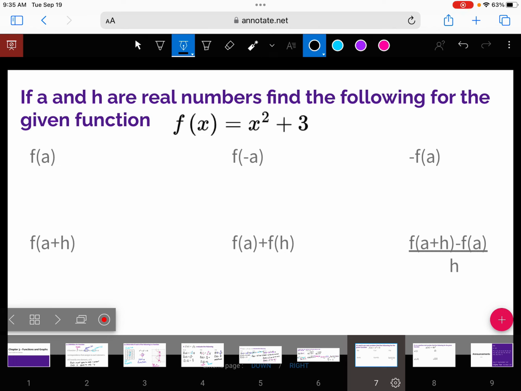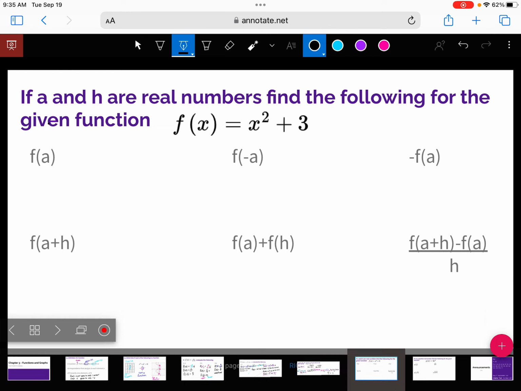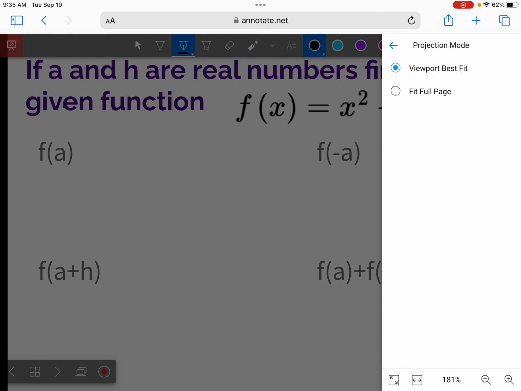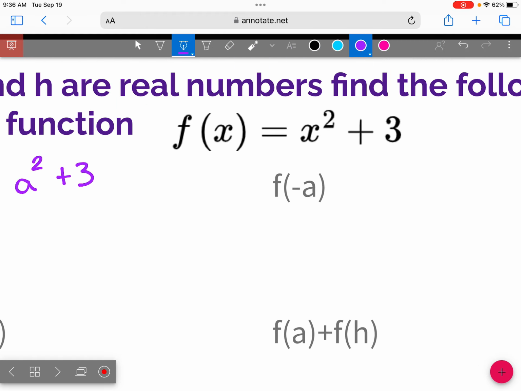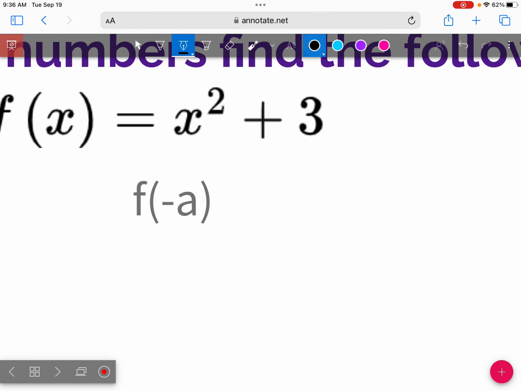We're going to do the same thing, but this time it is x squared plus 3. So f of a, that's just replacing the x with an a. So f of a is a squared plus 3. When we do it with f of minus a, we get the opposite of our a value squared plus 3.